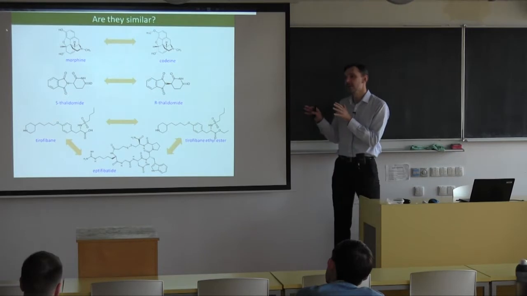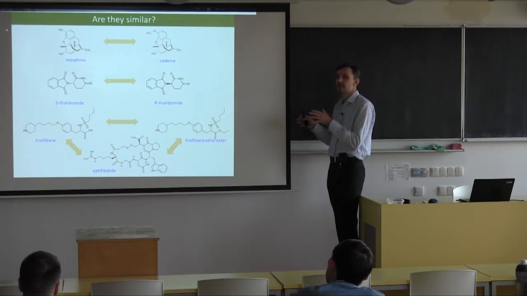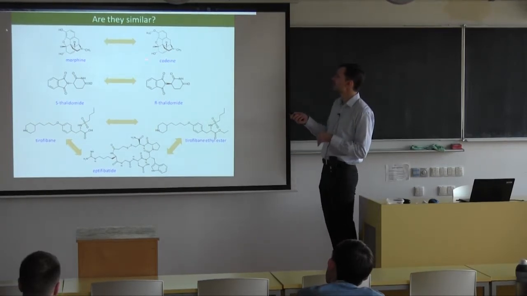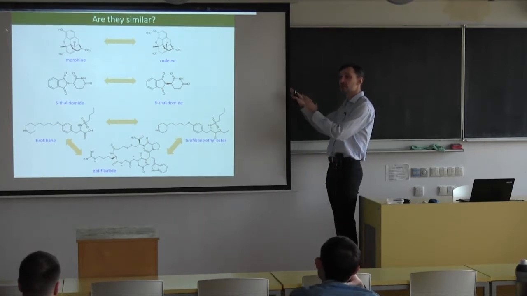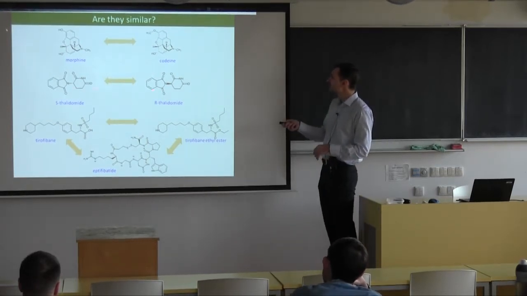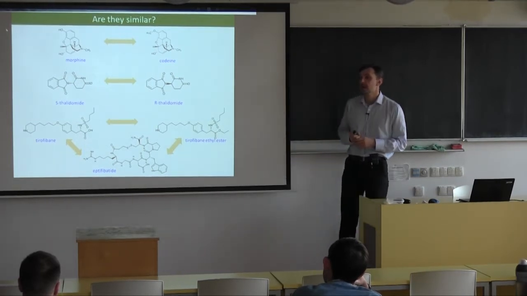If we look at the biological effects of these structures, we will see a dramatic difference. These two structures are similar from the structural point of view, and they have a similar biological effect. These two structures have a completely different effect.